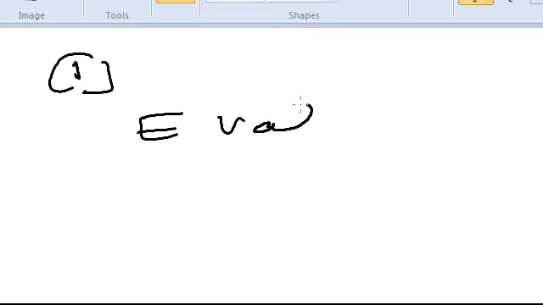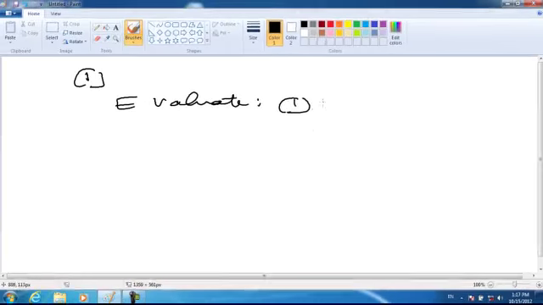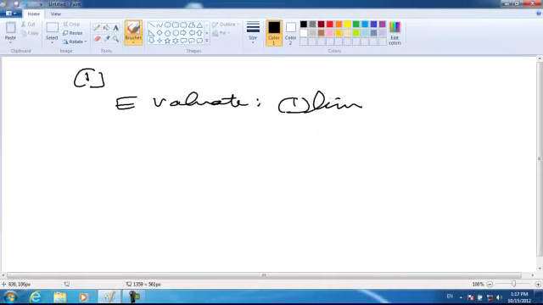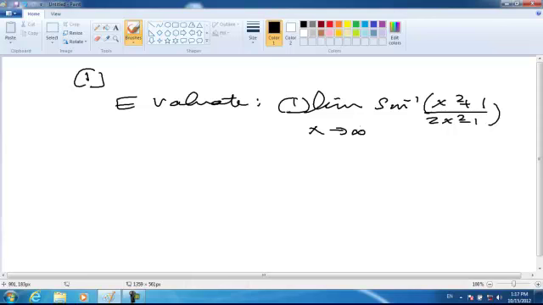Evaluate. Number 1, limit sine inverse of x square plus 1 divided by 2x square minus 1 as x tends to infinity. Solution.